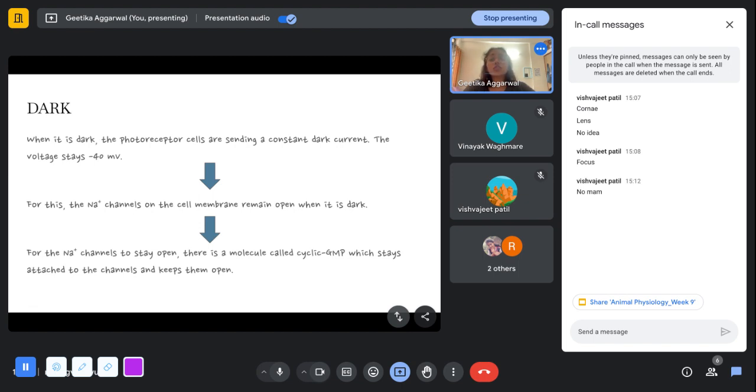So there is a constant flow of sodium ions into the cell, and for that, the sodium channels stay open in the cell membrane when it is dark. Now, for the sodium channels to stay open constantly, there is this molecule called cyclic GMP. GMP stands for guanosine monophosphate. Cyclic GMP stays attached to these channels and keeps them open.